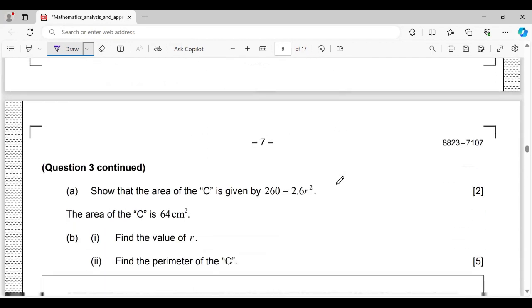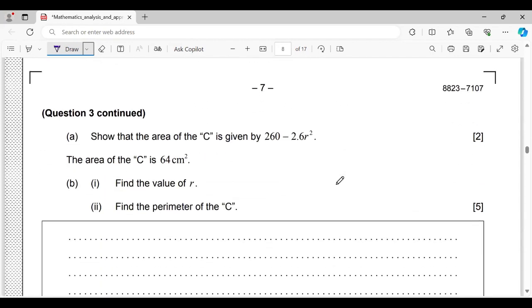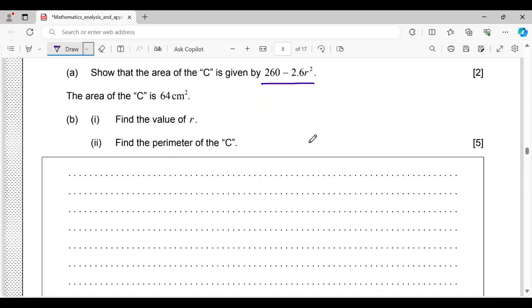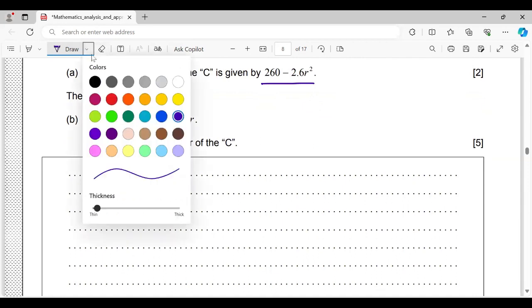Question. Show that the area of C is given by 260 minus 2.6 r squared. Okay, we have to prove. I'm going to use the sector formula.